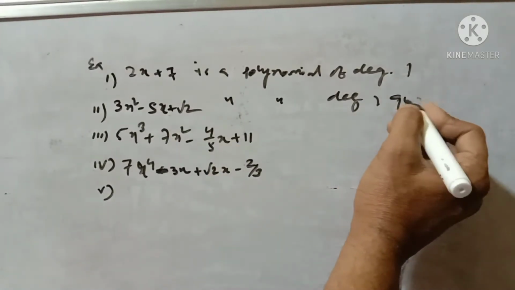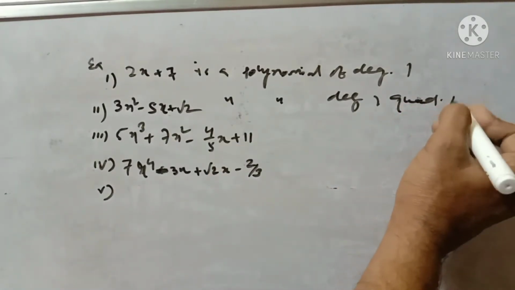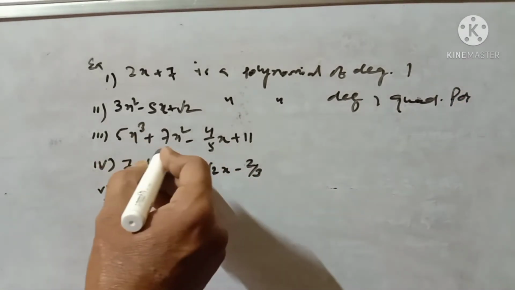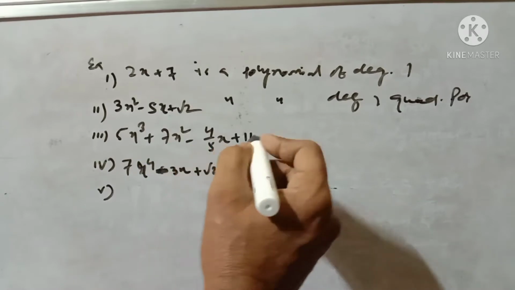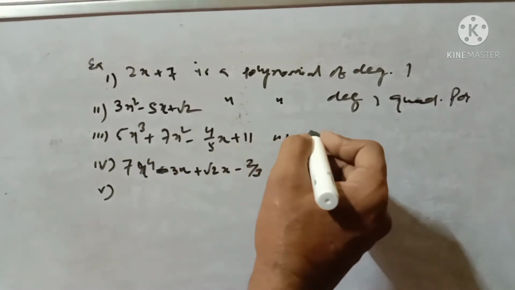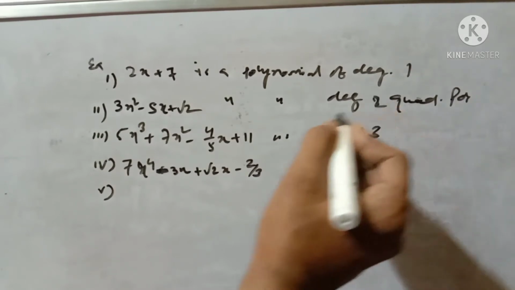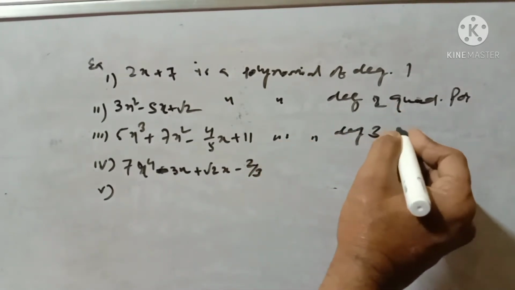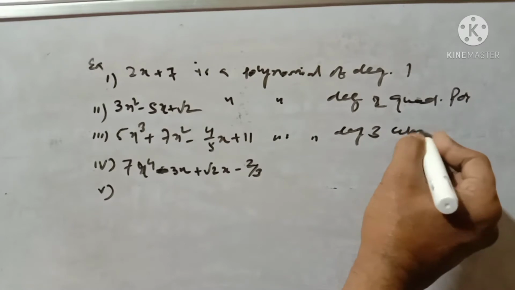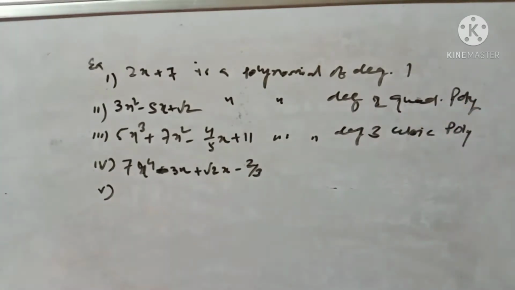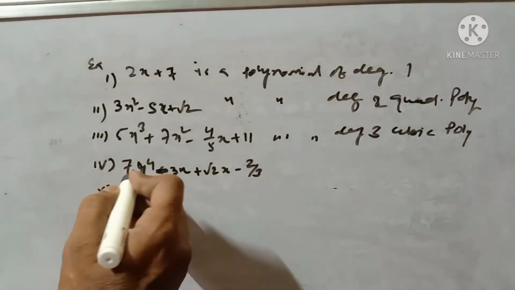And this, 5x cube plus 7x square minus 4 by 5 x plus 1, is known as degree 3, a cubic polynomial. Remember.